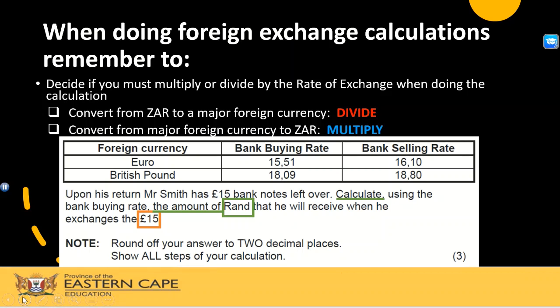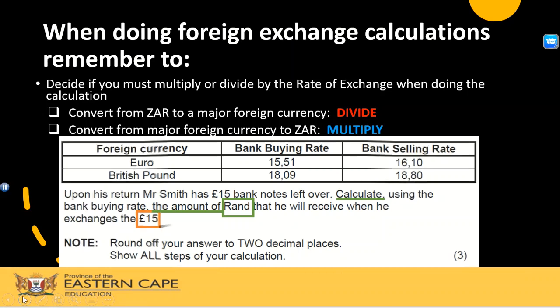So what are we doing here? We have £15. We need to know how much that is in Rand value. So we are going from a major foreign currency to Rand. We must therefore multiply.